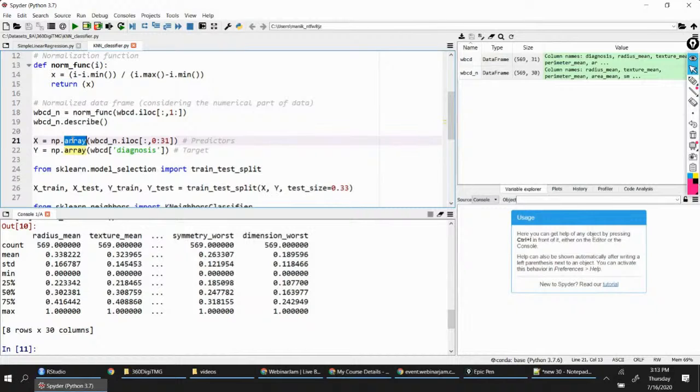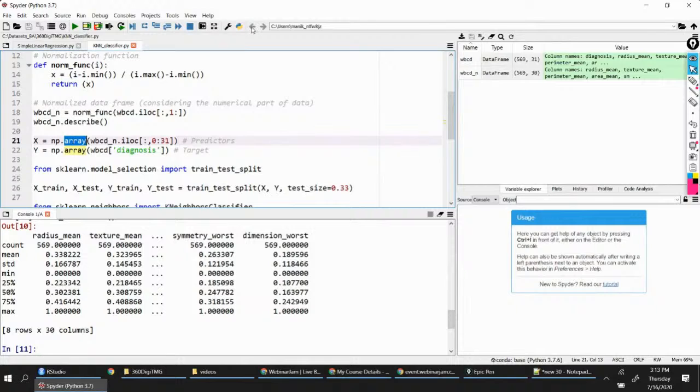You'll have only the outcome, the final outcome, target variable. Whereas the rest of the input variables have to be used, right? So I'm saying X equal to np.array on the normalized data, WBCD underscore n. On that data, we define again the location.